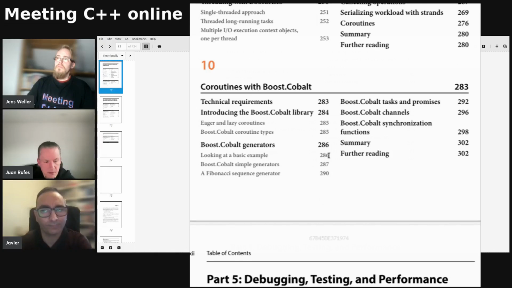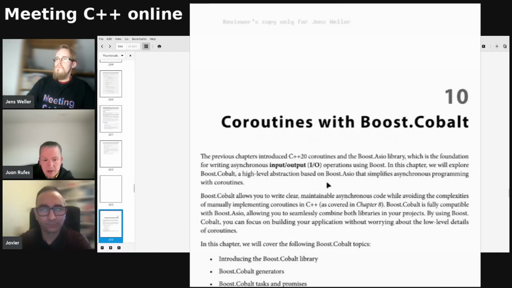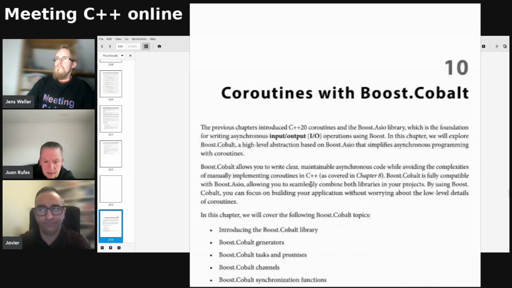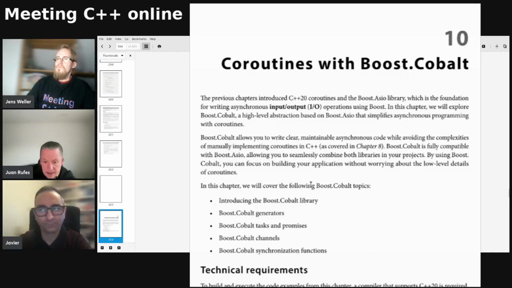Boost.Cobalt is a very new library, and it's trying to do two things: make coroutines easier to use in C++, and also add some new facilities, like, for example, channels, inspired a little bit by Go. It tries to implement that.